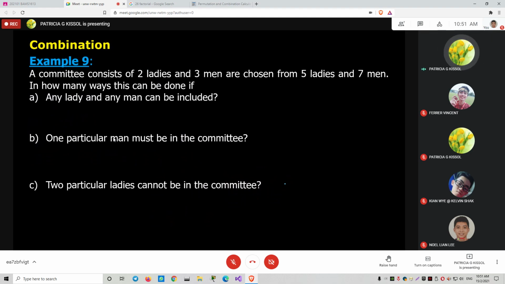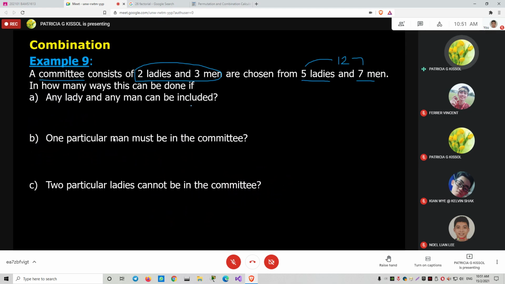So our total N is 5 plus 7, which is 12 people altogether, but 5 are ladies and 7 are men. Now, for the committee we want 2 ladies and 3 men. In how many ways can this be done if any lady and any man can be included?